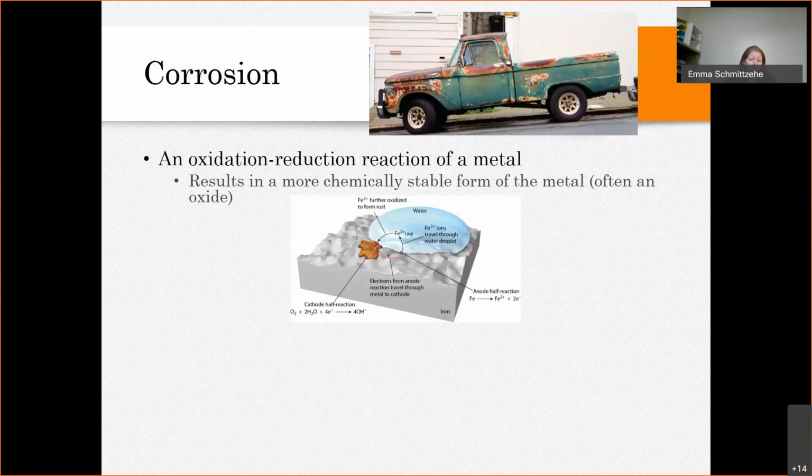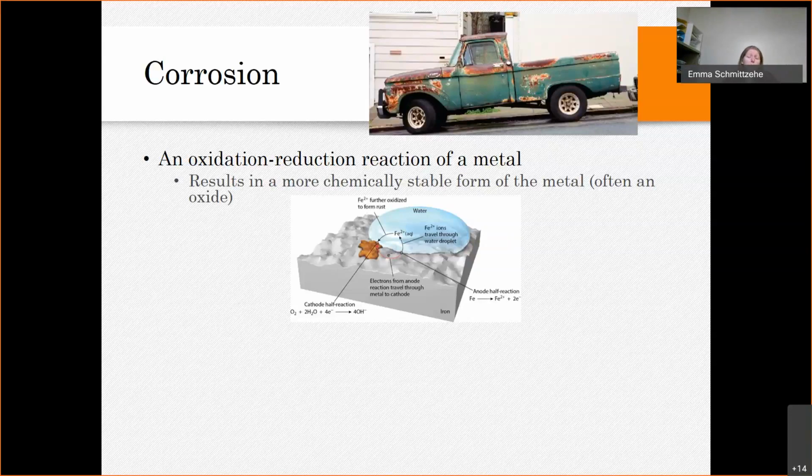But for some metals, that is not good because it tends to be a physically weaker form, and for a car, you don't want your metal surface to rust and start to break apart.